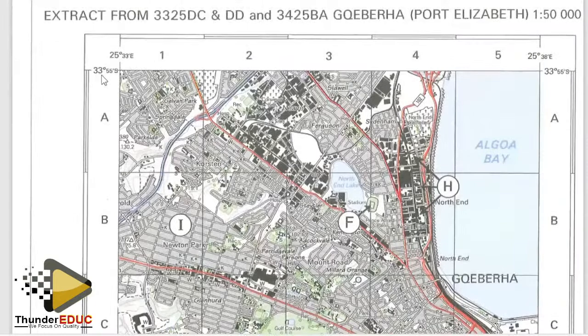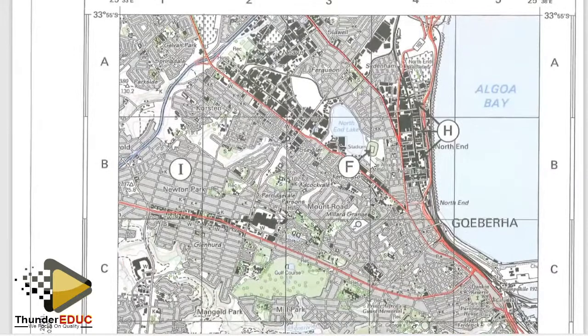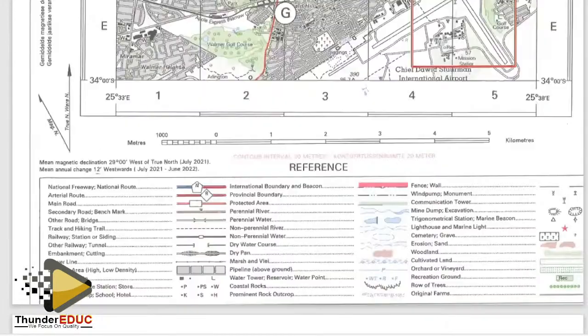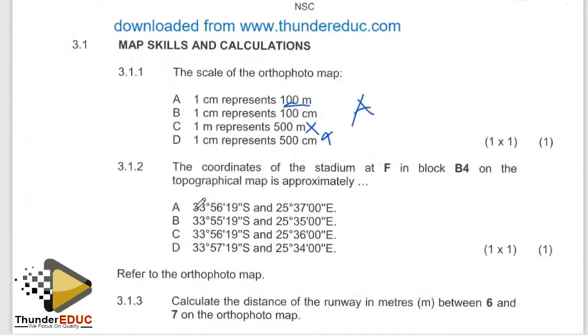The latitude is 33, 55. So 55, this one is 56. So before we look at the minutes, we come and check our options given. Since it is 56, we take the options that are right.